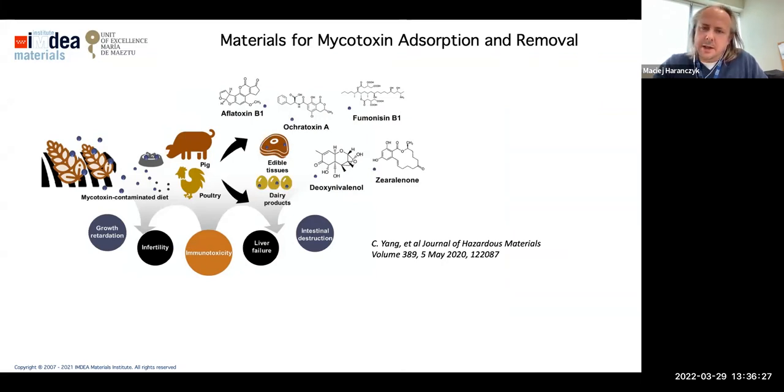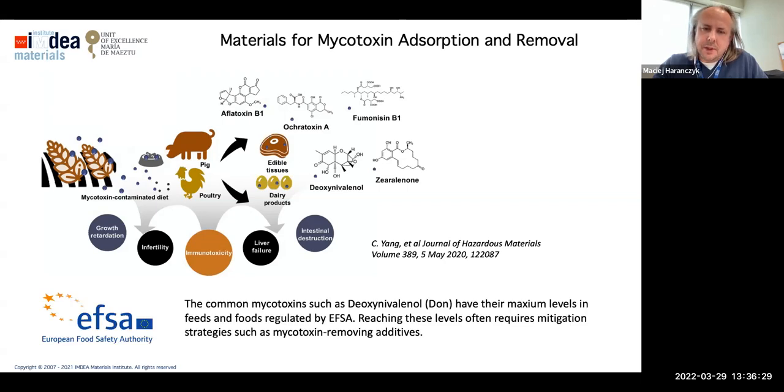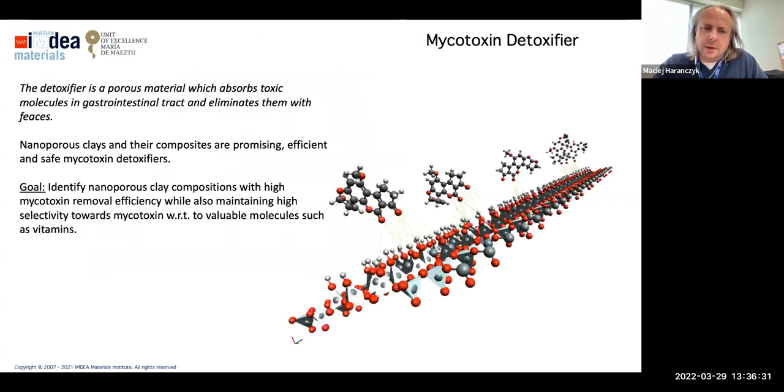So one of the ideas is to mix adsorbing material with animal feed in such a way that those mycotoxins are adsorbed on the material in the gastral tract and removed from the animal body before they are absorbed into the bloodstream. So we are interested in designing a material or a composition of materials that will capture those mycotoxins.